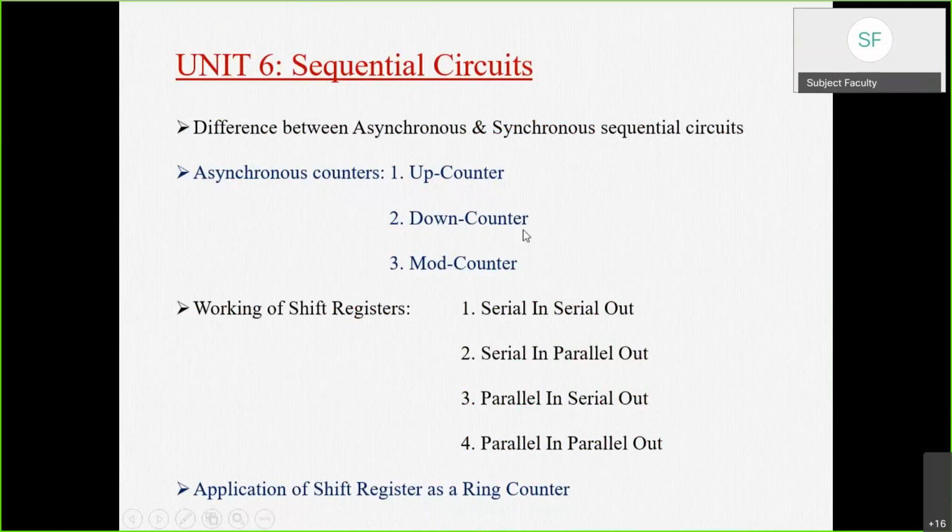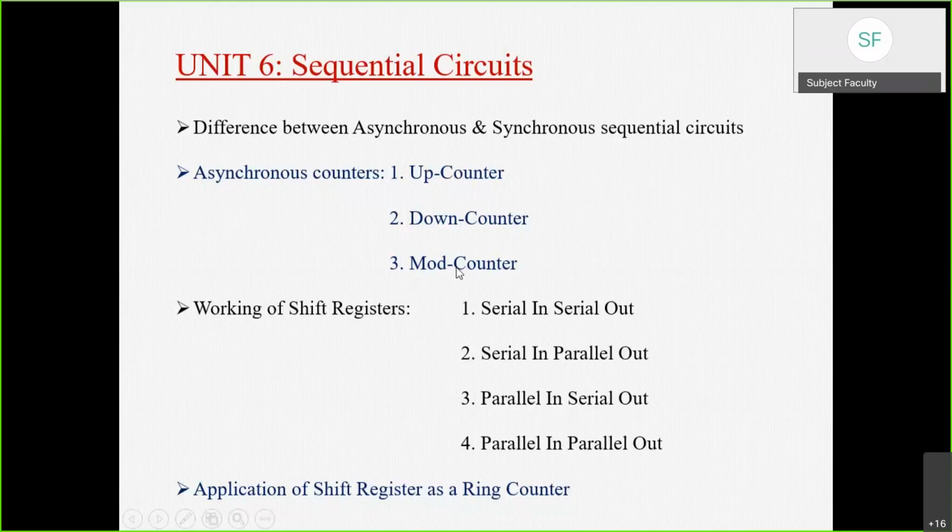So mod counter is nothing but a counter that will count as per your requirement. You can design your counter to go through a different number of states, depending on your requirement, right?